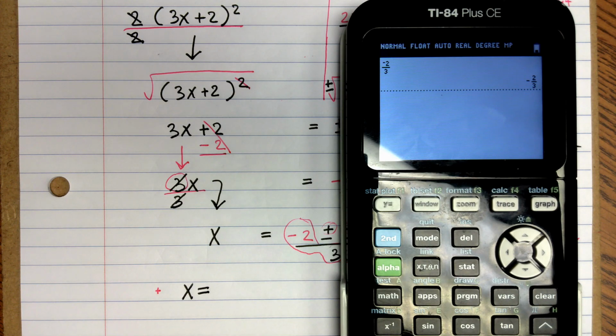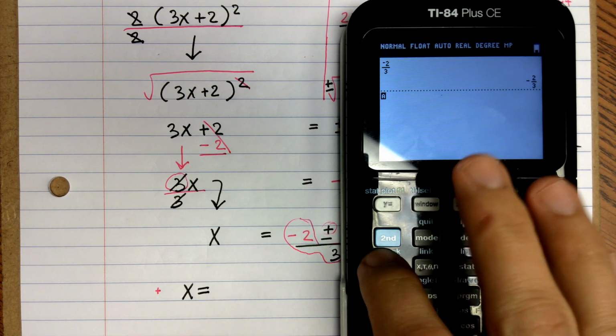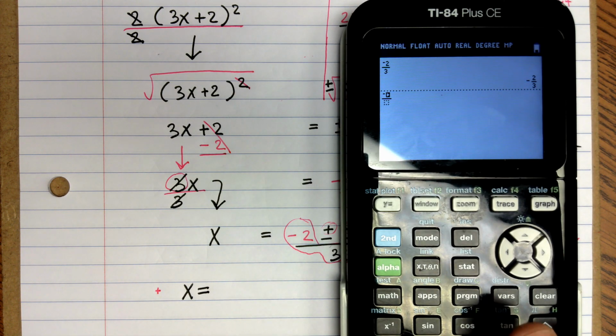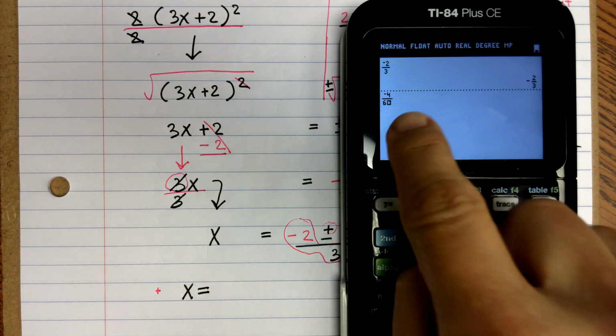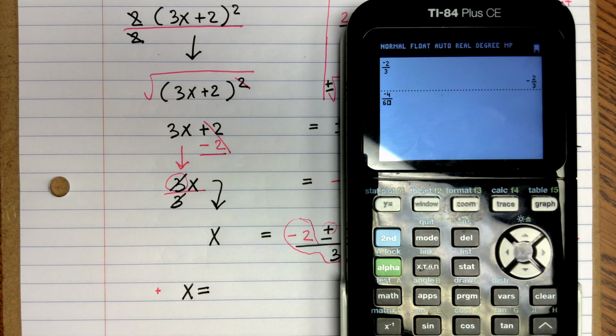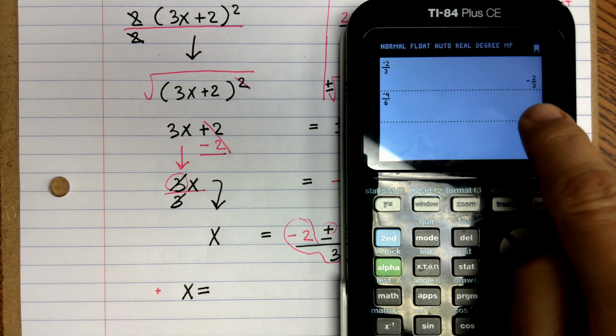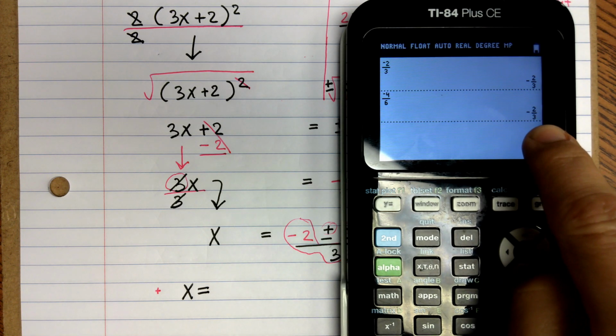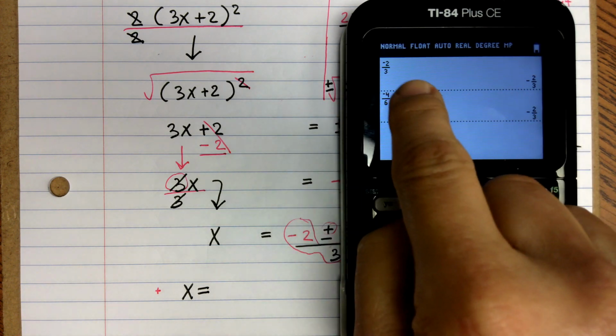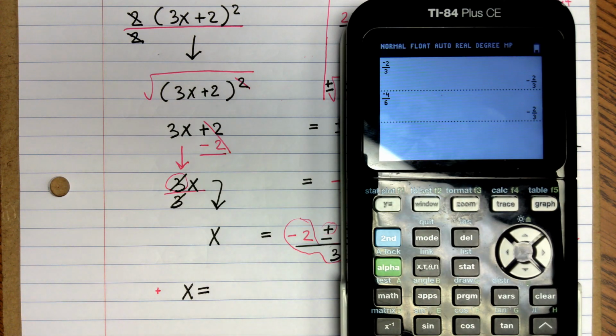But let's say we had a different number. Just to give you an example, let's say it was negative 4 over 6. Well, you wouldn't want to leave that as your answer, because when I hit enter, notice negative 4 over 6 changes to negative 2 over 3. So if you're not good at recognizing whether a fraction can be simplified or not, go ahead and use your alpha y equals function on your calculator and check it before moving on.